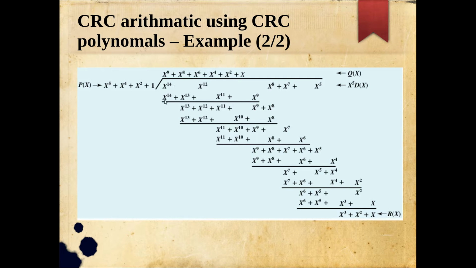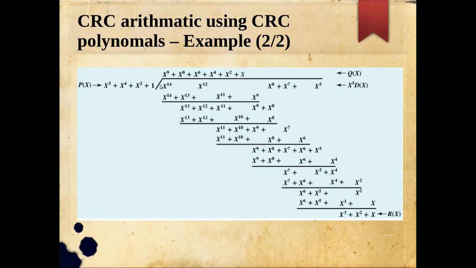So equivalently, this original d of x, you multiplied with x raised to 5, you got this, right? So d of x was having x raised to 9. So to make this, you multiplied this d of x with x raised to 5. Now how can you equalize this pattern so that the more significant bit is of this 14 bits?